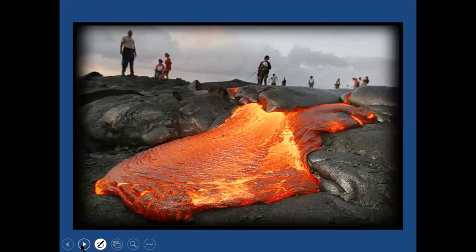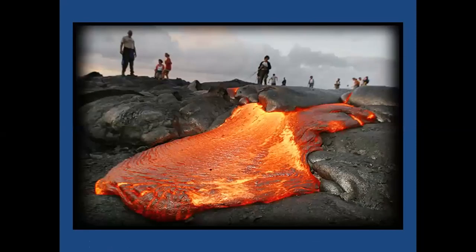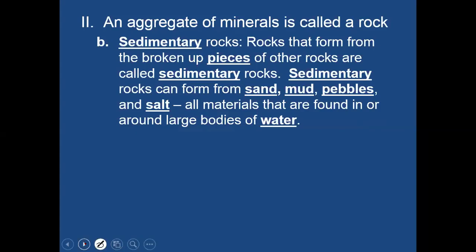Here's just a picture of lava flow forming rock. This would be an example. So these are examples of extrusive rocks. These will eventually turn into extrusive rocks. And then this is an example of an intrusive rock, one that might form down here in the rock layers.